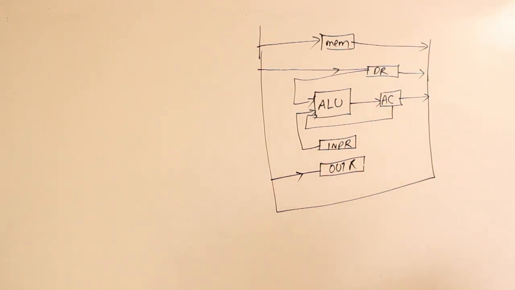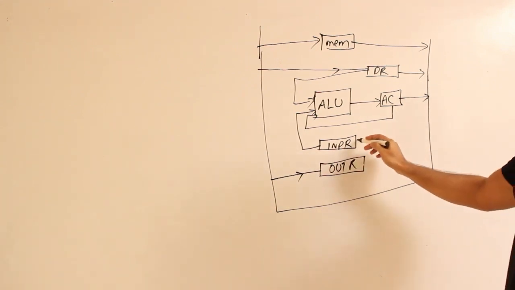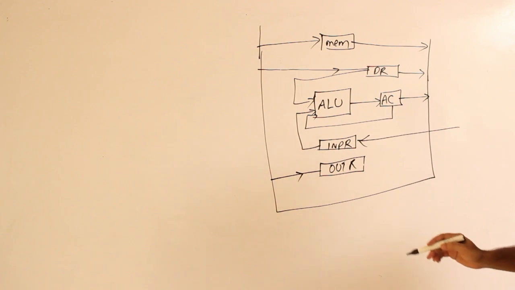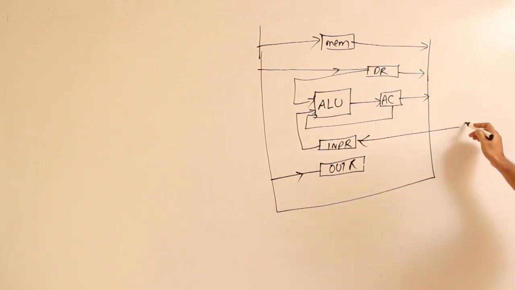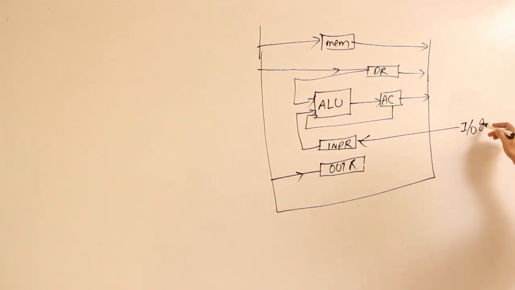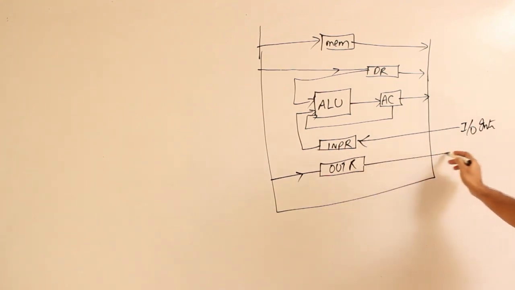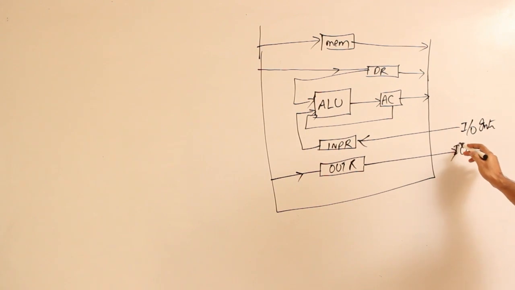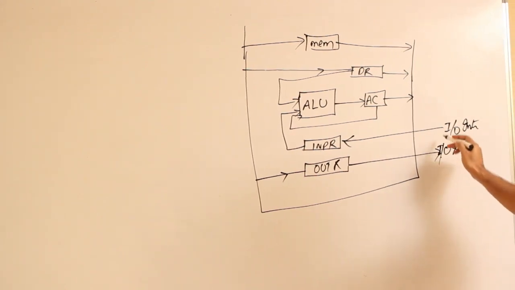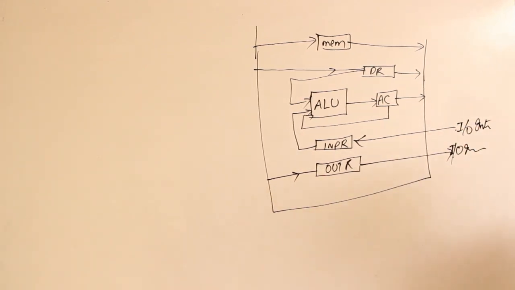So now if you want to get an input from an input device, this will be connected from the input device, right? So it is, let us say, IO interface, and IO interface will be connecting to the input device, and this one will be going to the IO interface again. So output interface and input interface. So what does it mean?